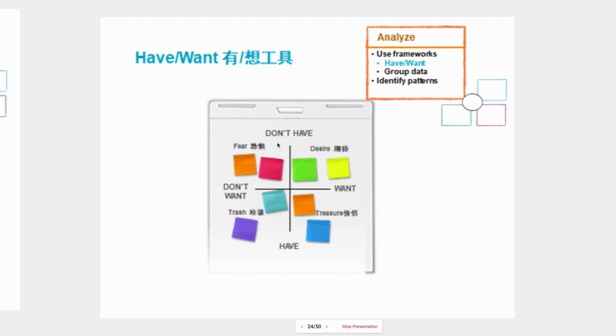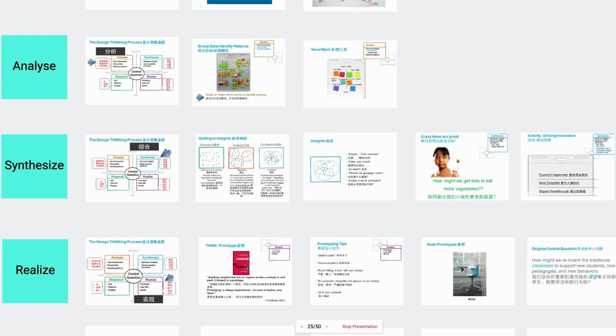We need to not do it. Then what the user has and doesn't want is the trash, the garbage. So this tool is how we classify the information from our users, from the desire to the treasure. Okay, so this is the have and want tool.